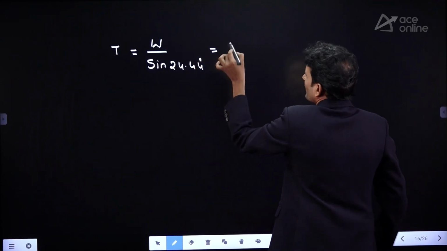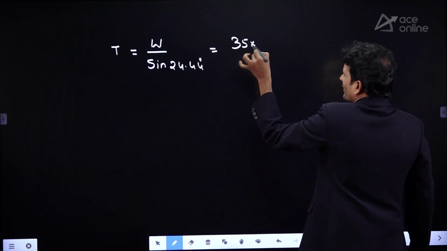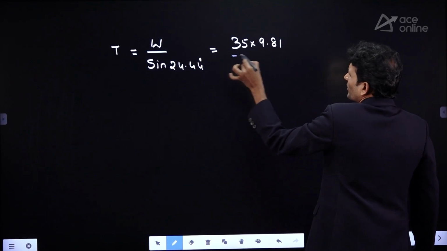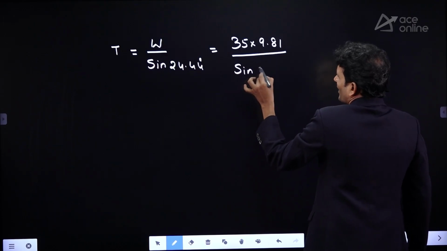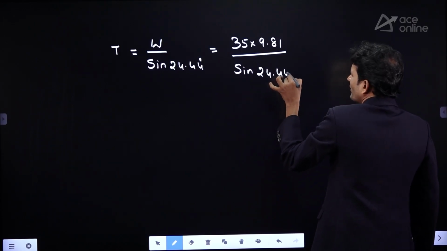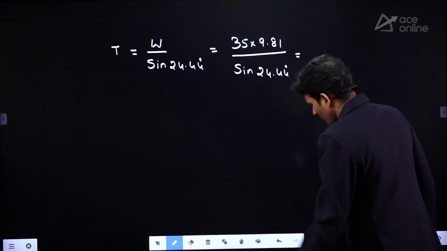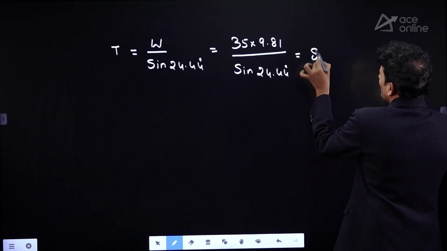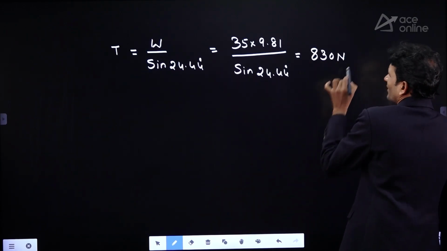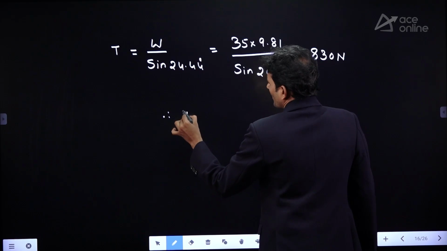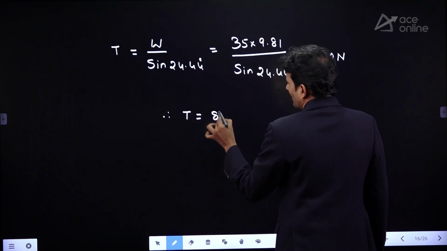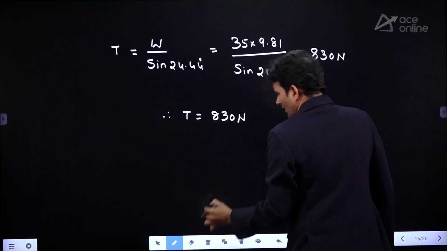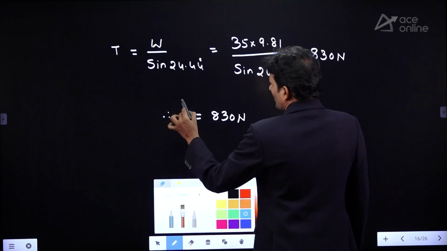What is W? 35 into 9.81 divided by sine 24.44 degrees. If you simplify, how much we are having? 830 newtons. So tension in the cable we are observing is 830 newtons. That is the tension available.